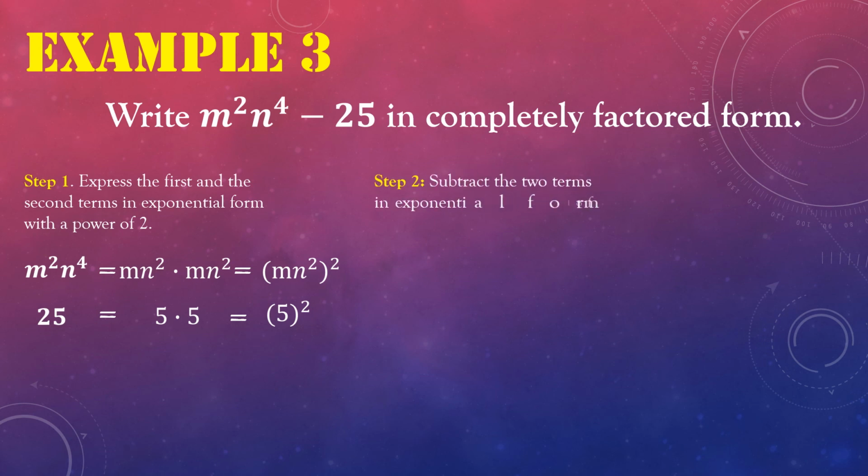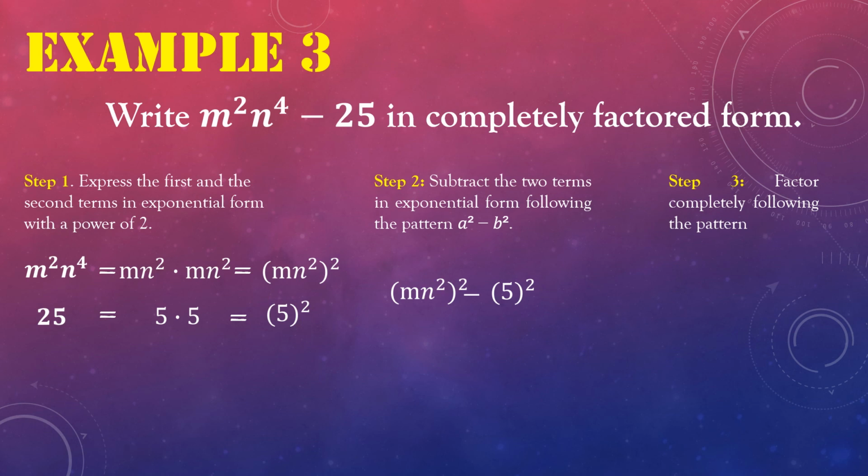Step 2. Subtract the two terms in exponential form, following the pattern a squared minus b squared. M n squared raised to 2 minus the quantity of 5 raised to 2.